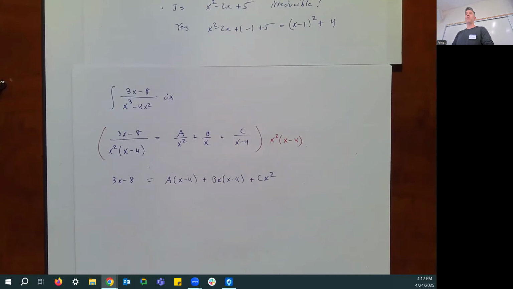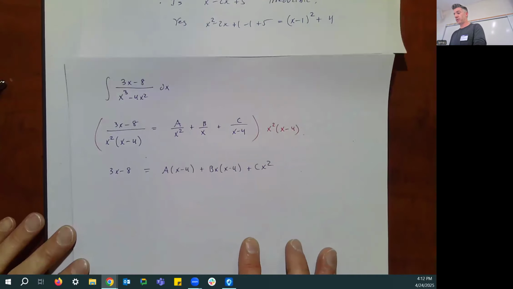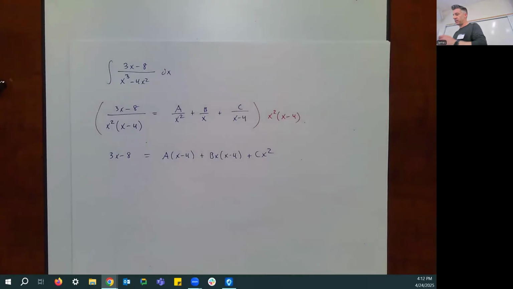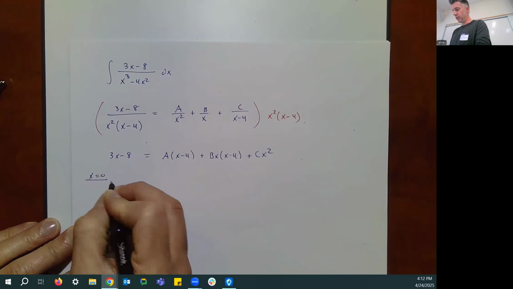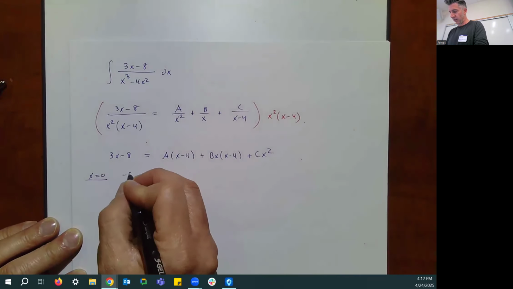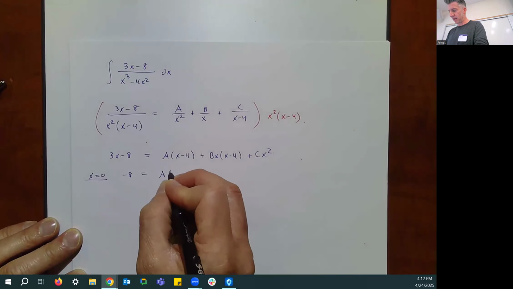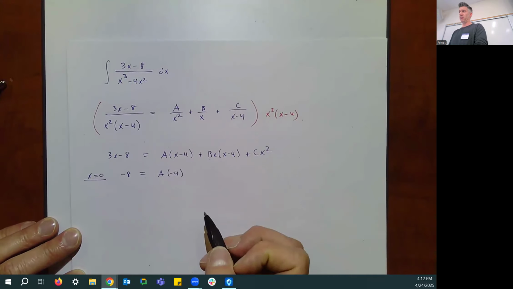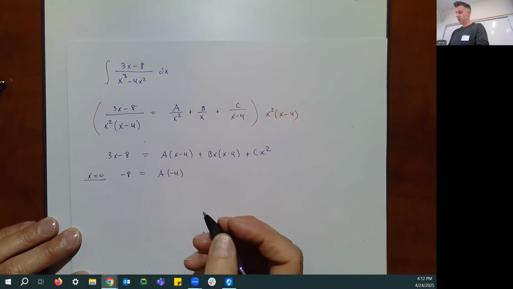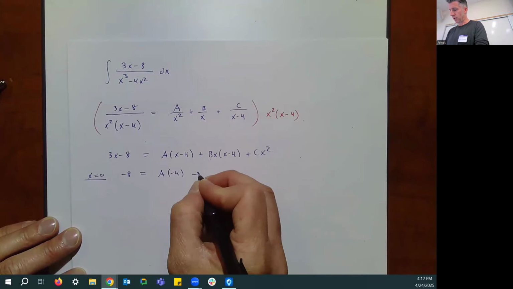We should still start by picking the nice values of x. My first nice value of x in this case is x equal to 0. So I plug in 0 for x, I get negative 8 on the left. I get A times negative 4 plus 0 plus 0. We shouldn't even write that. Don't write plus 0. So then A is going to be 2. Awesome.